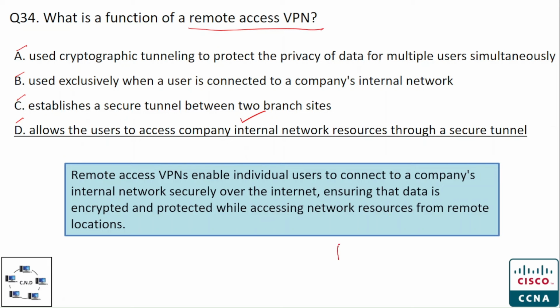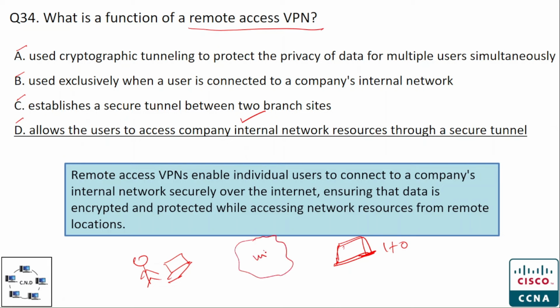Let's suppose this is a company headquarters. Sorry for my drawing. Let's suppose this is a building, and here we have, let's suppose, a remote user with a laptop. So how will this user connect? And this is the internet.